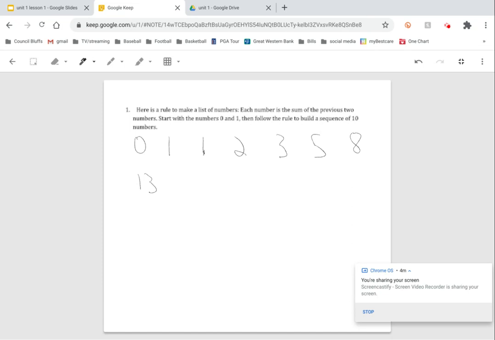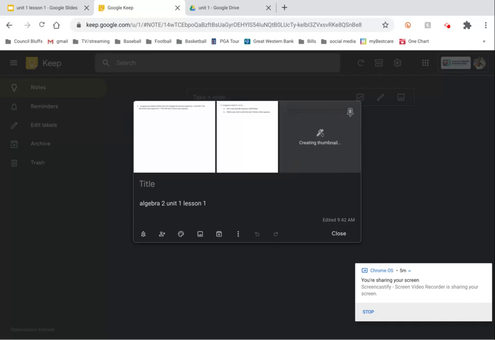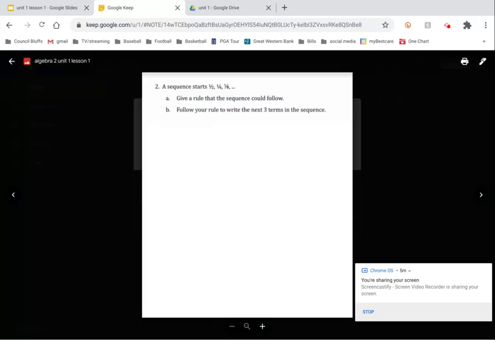The ninth term is going to be 13 plus 8. And then the 10th term is going to be 13 plus 21. So 13 plus 21 is 34. And this is our list or sequence of 10 numbers here. Okay, so that's example number 1.